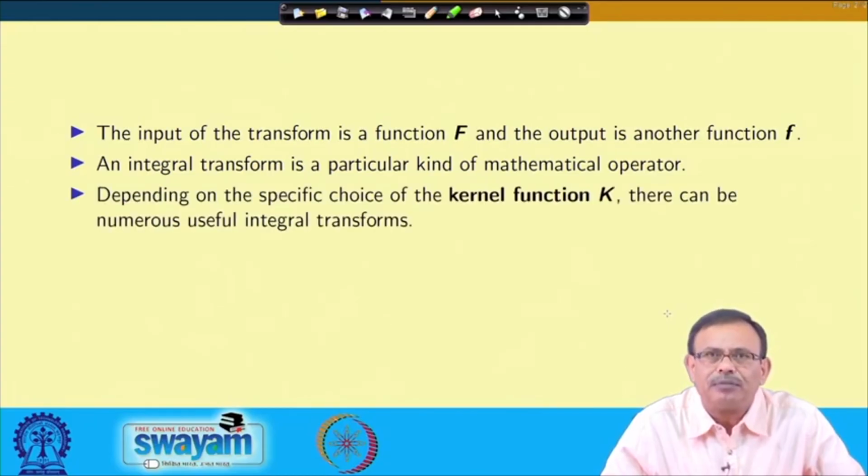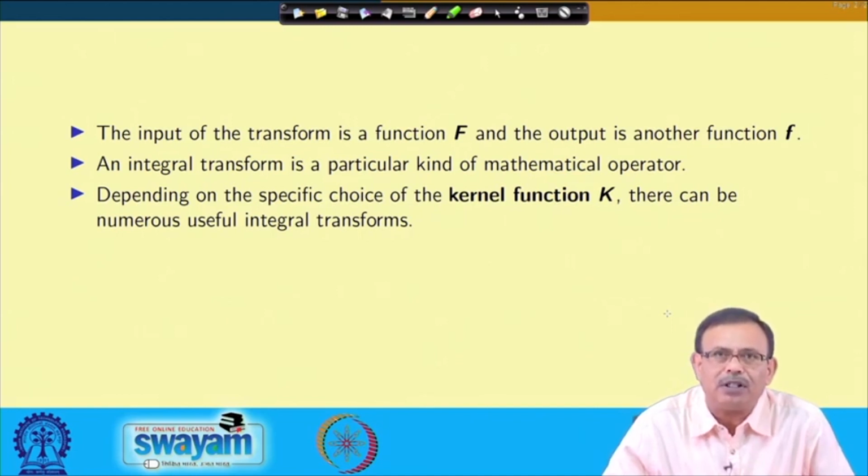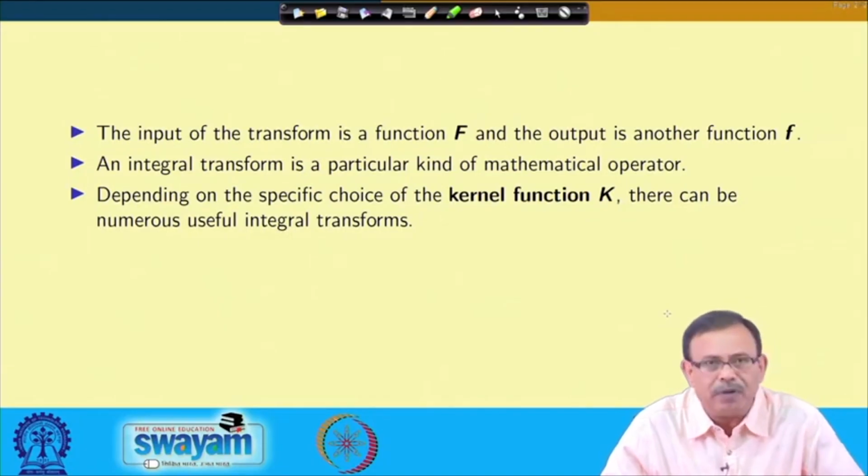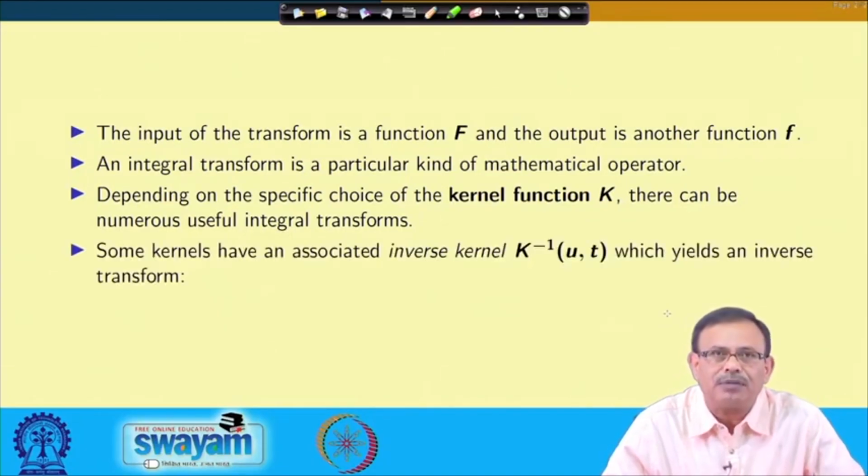Depending upon the specific choice of the kernel function K, there can be numerous useful integral transforms, as I was telling earlier. If I change the kernel function K, I can obtain various kinds of useful transforms like the Laplace transform, Fourier transform, Hankel transform, and so on.